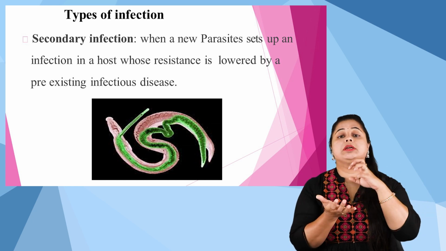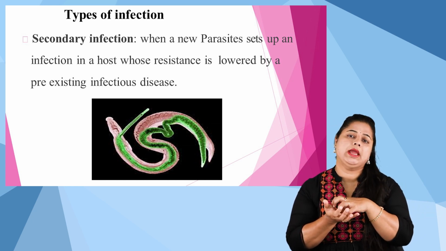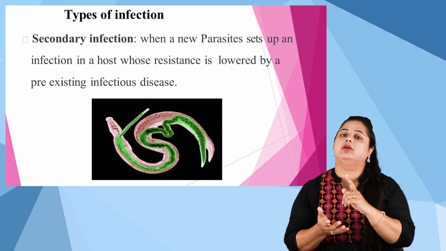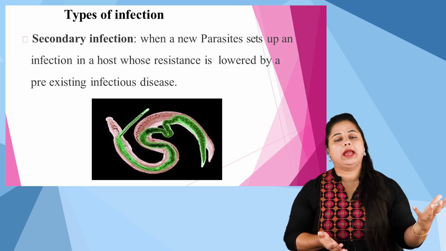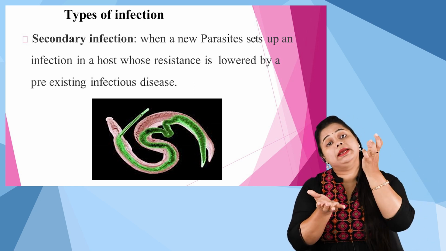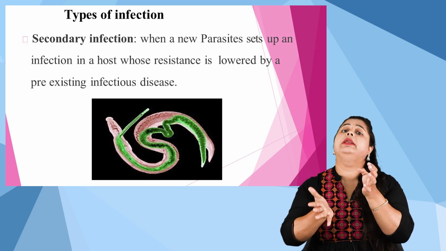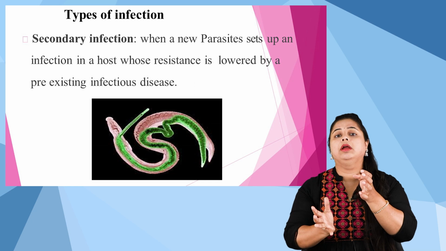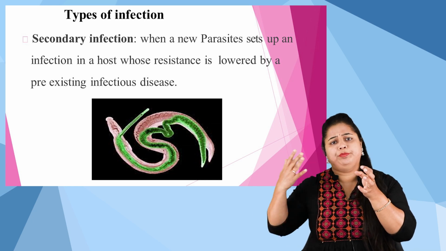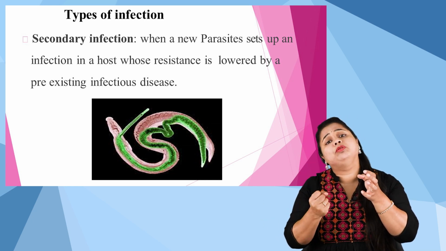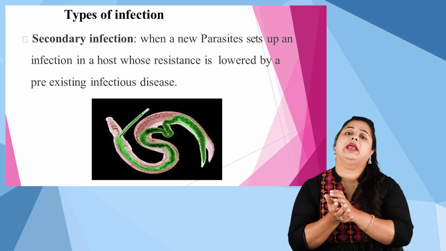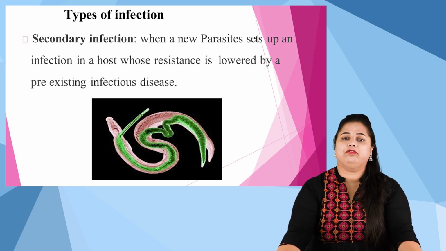A parasite is something which comes and lives in one host, absorbs all the nutrition and causes disease. So here one new parasite comes to a host who is already infected with some other infection previously and whose immunity is low, then we call it secondary infection.